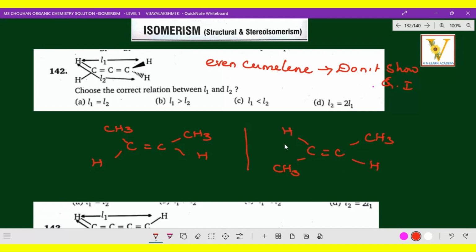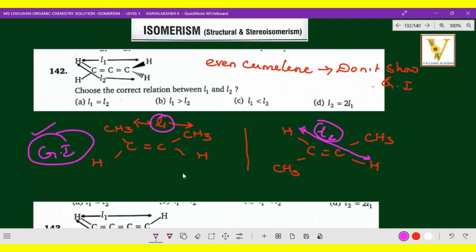So the relation between L1 and L2: from here to here L1, and from here to here L2. First and foremost, this can show geometrical isomerism. Yes, it is possible. And L1 is smaller than L2.